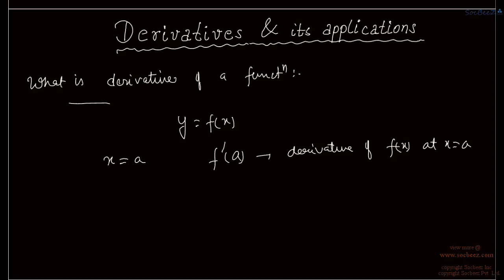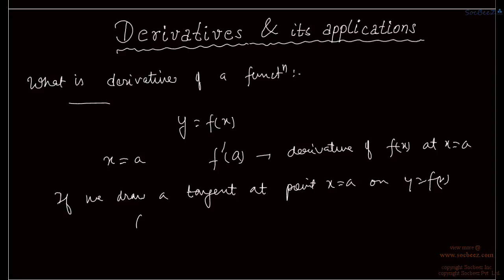So what does it mean? It means that if we draw a tangent at point x is equal to a on y is equal to f(x), then f dash a will give the slope of the tangent at x is equal to a.